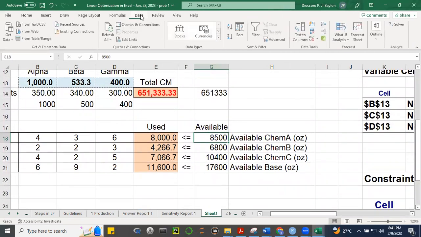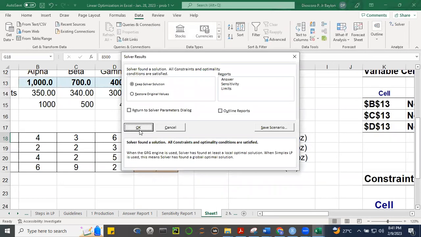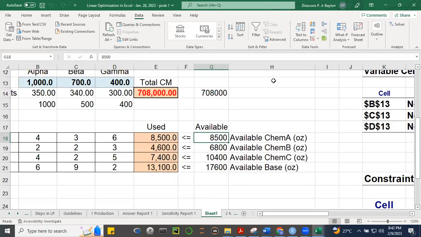So data, solver, all right? Same, everything is the same. Solve. Okay. So what happened here, class?